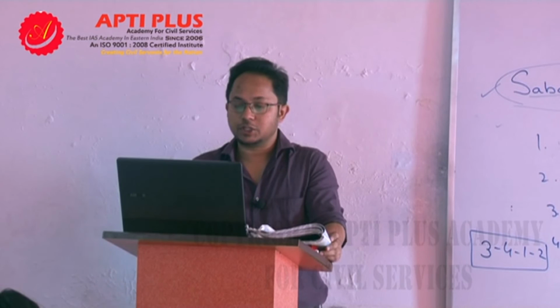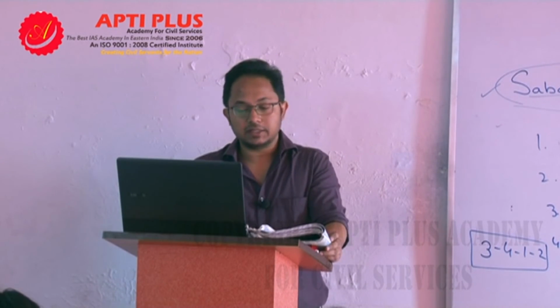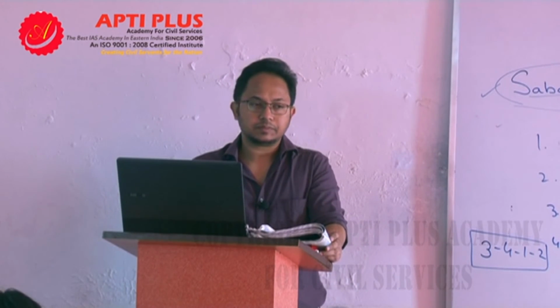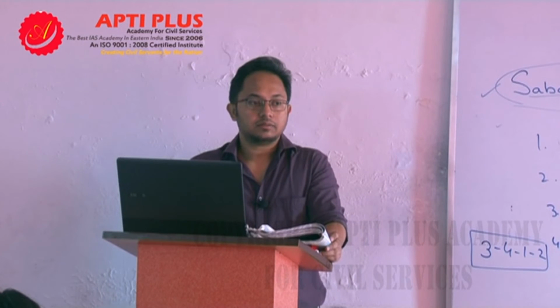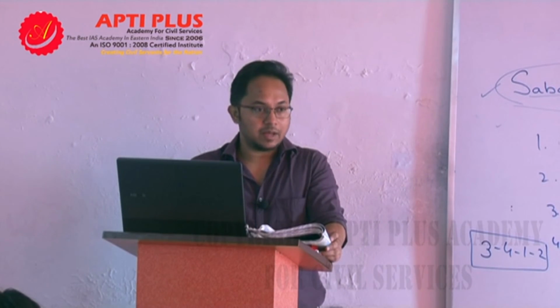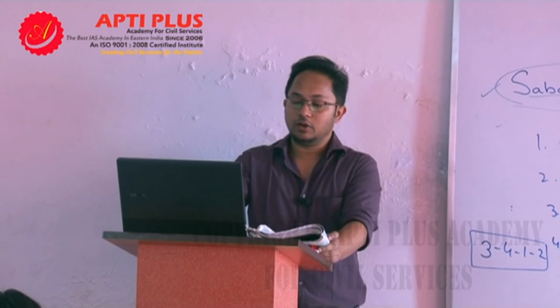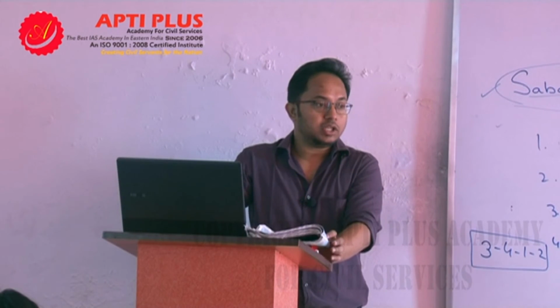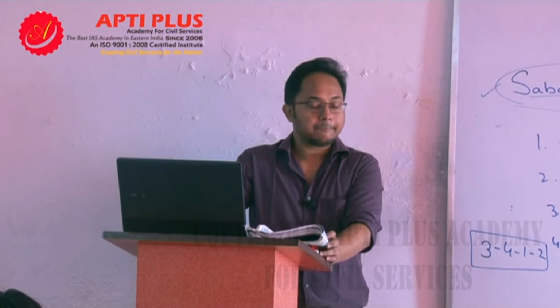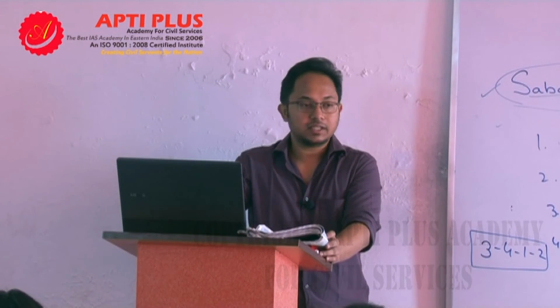We have Jammu and Kashmir, then Himachal, Uttarakhand, Sikkim. We'll have Assam as well, Arunachal, then West Bengal. So total, how many states do we get? So the first statement is not correct.